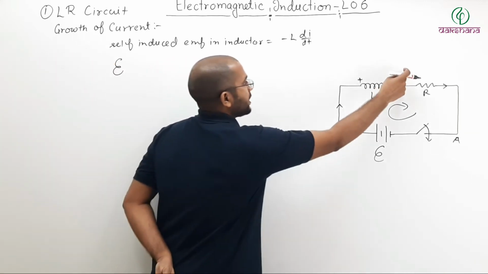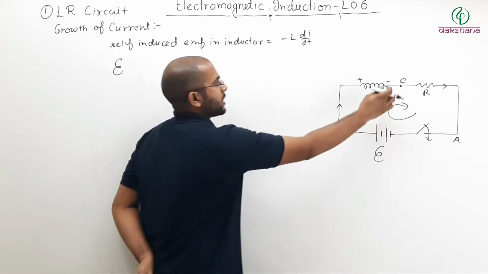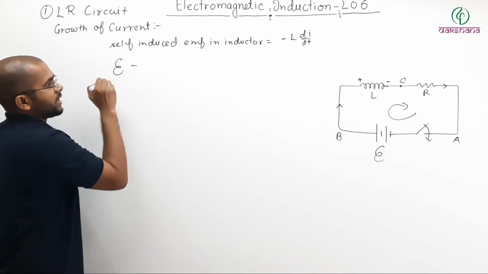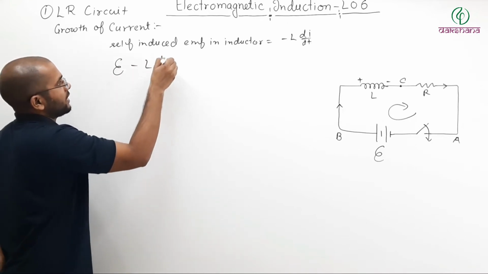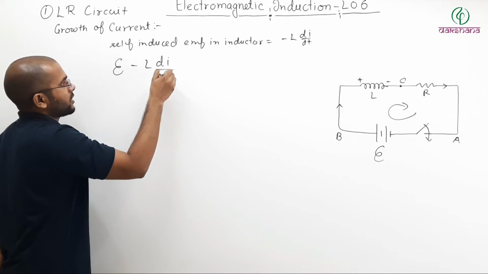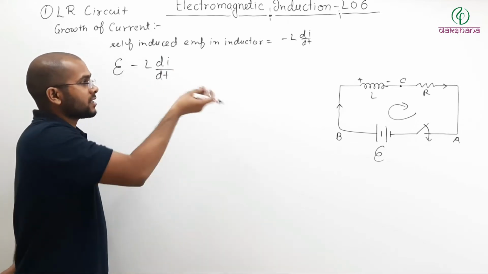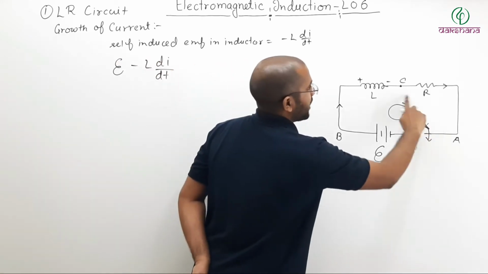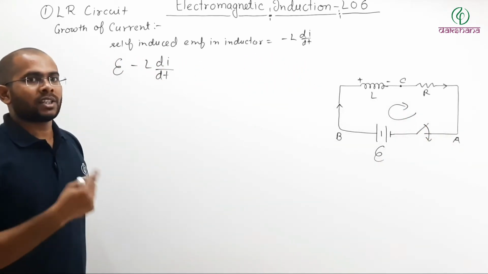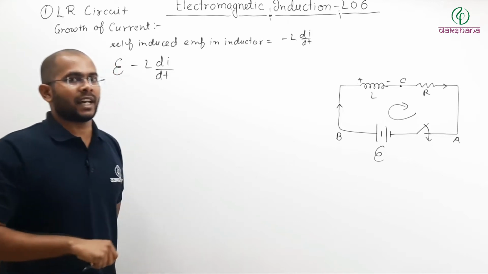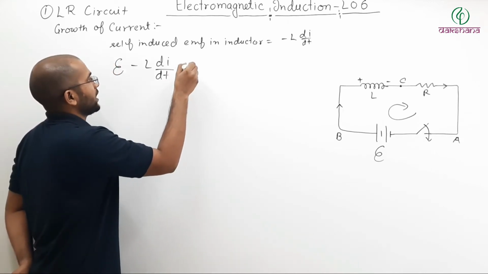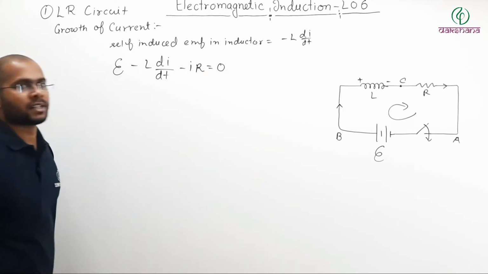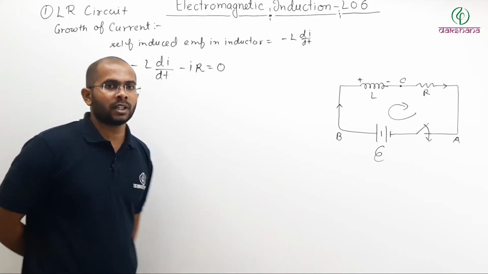Then VC minus VB: C is at lower potential, B is at higher potential, so VC minus VB will be minus L di by dt, because that is the self-induced EMF of the inductor. Then VA minus VC: potential decreases in the direction of current, so minus I times R, and the sum is equal to 0. That's how Kirchhoff's loop law works.